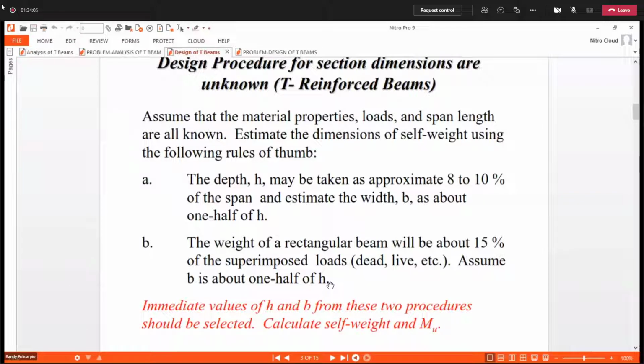Because your B is 1/2 of H, okay? So multiply mo lang ng 2 itong B natin, makukuha mo na yung H. So this is another way of having or approximating your dimension, okay?